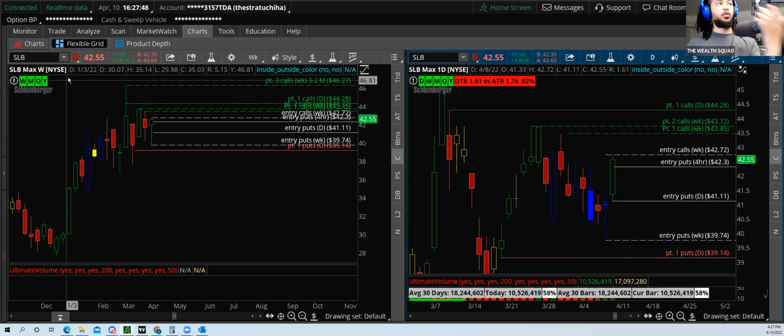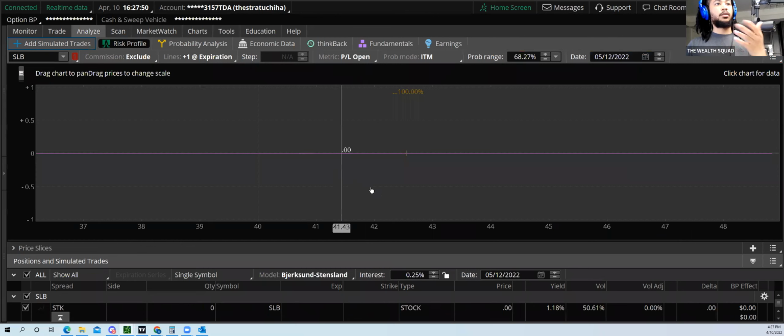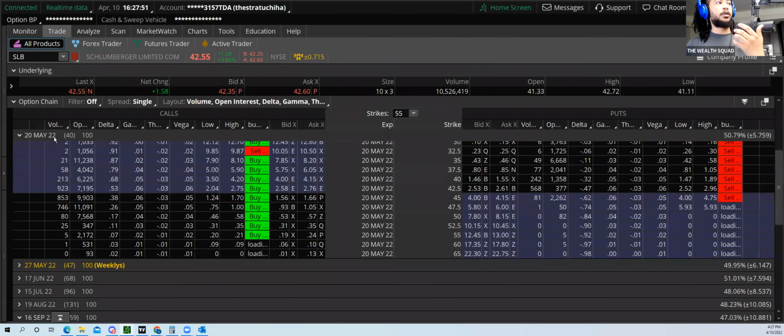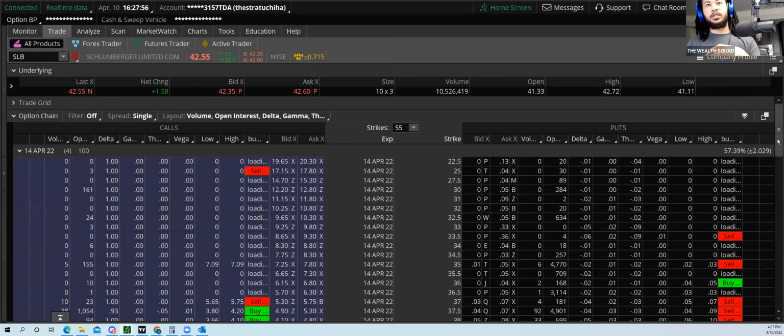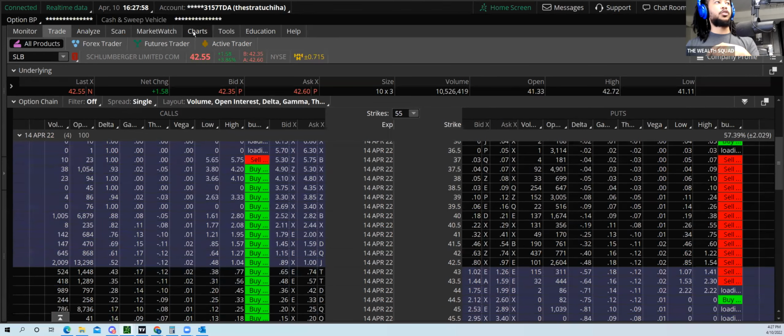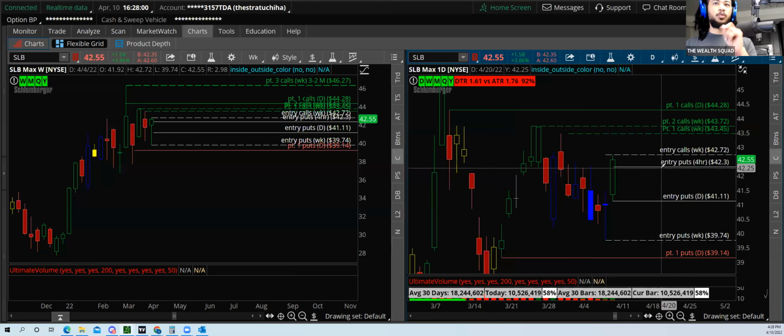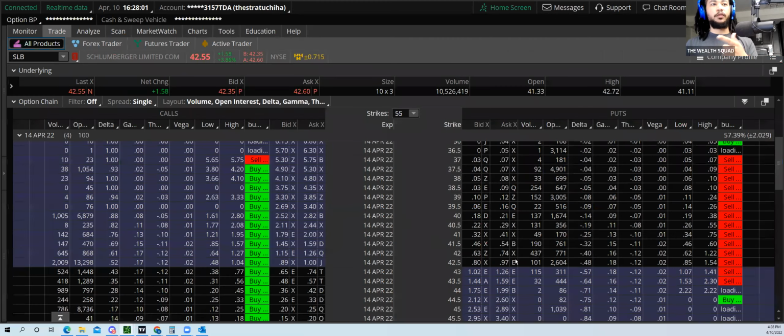And again, when you go into the risk profile calculator, this is going to show that. So if I go to April 14th and my entry is 42.30, a lot of times whenever I make the watch list and chill, I'm just going to give you 42.